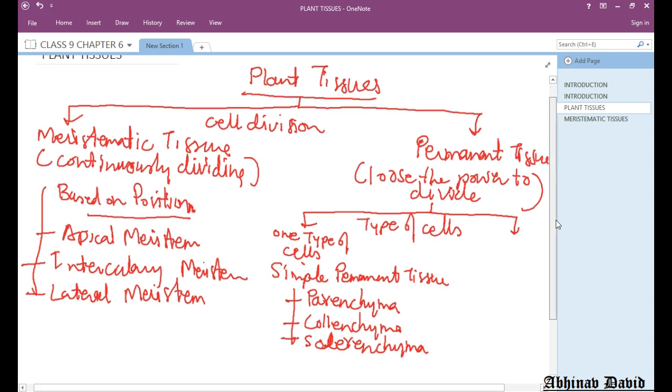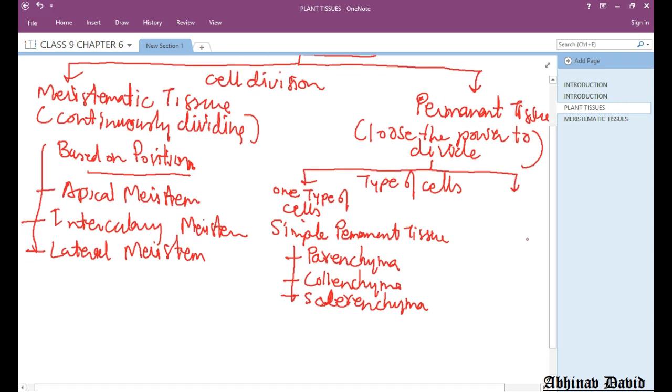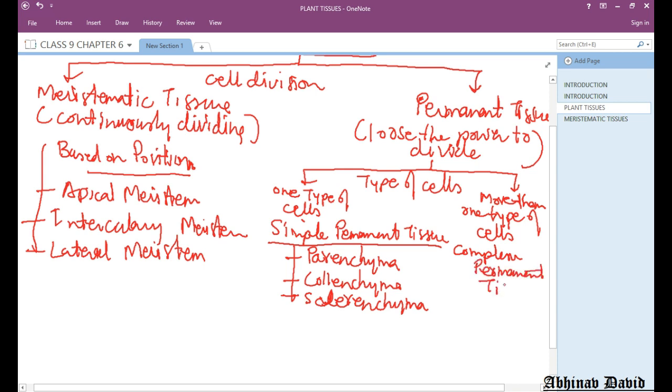So the permanent tissues are divided into two categories based on the type of cells. If they have one type of cell, they are called simple permanent tissue. Second, if they are made up of more than one type of cells, they are called complex permanent tissue.